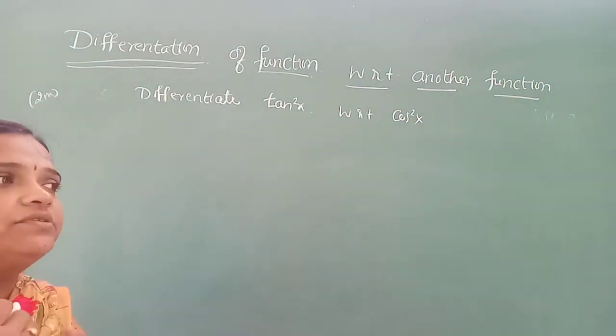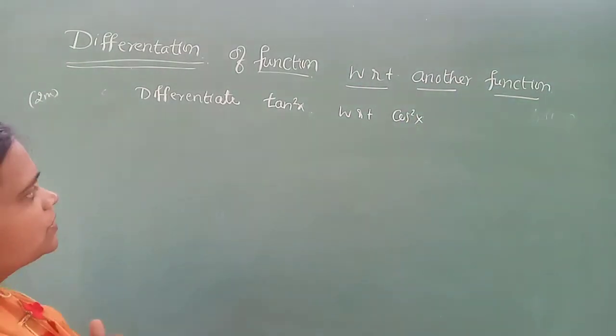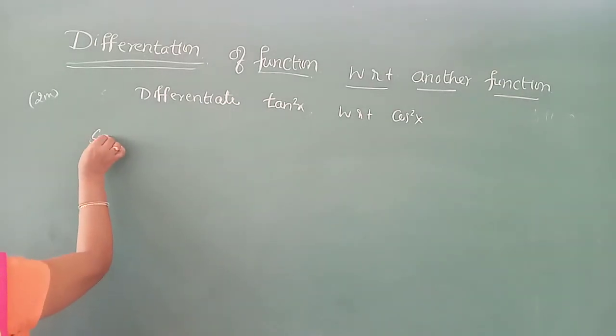Differentiate tan square x with respect to cos square x. Okay, take the solution. This is given.